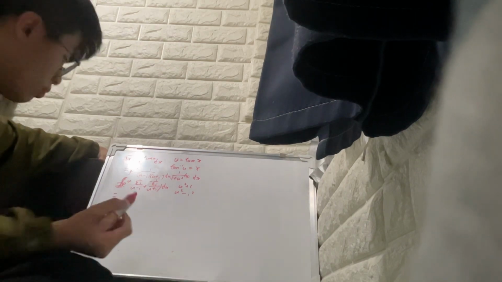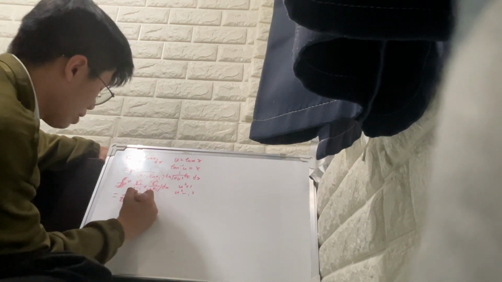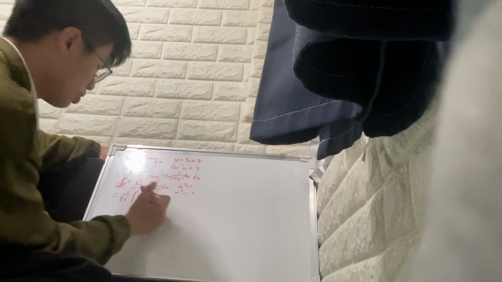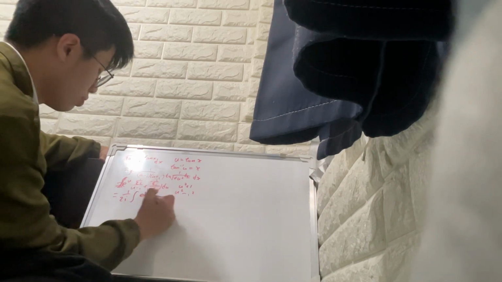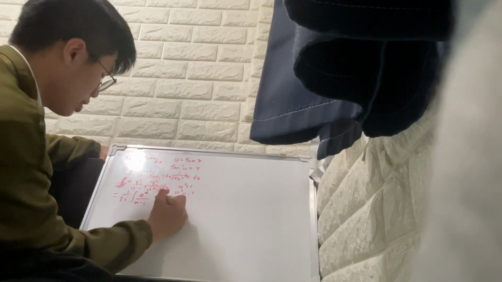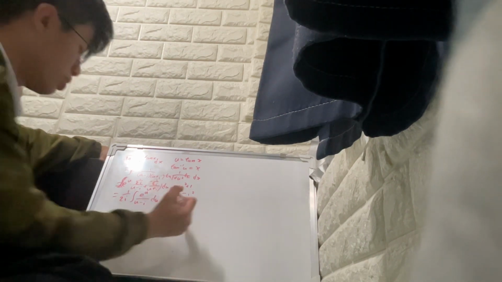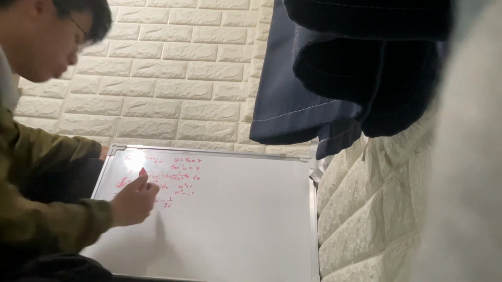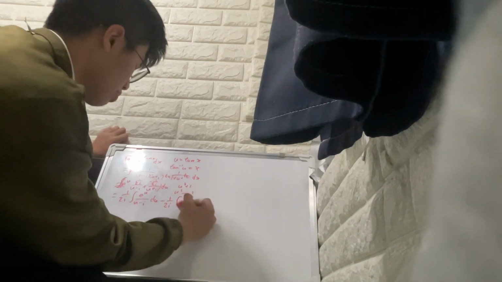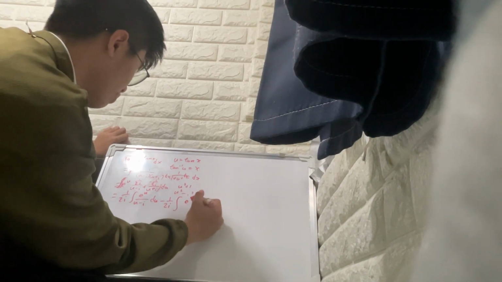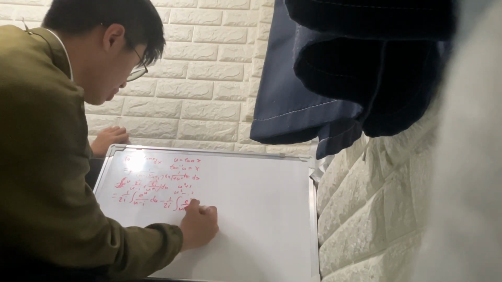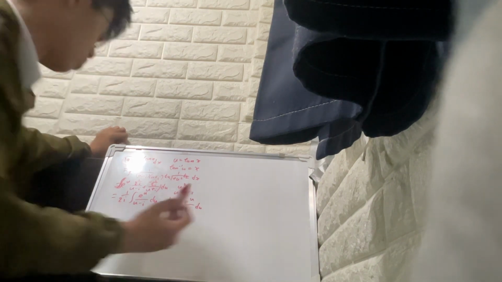We're going to factor out the 1 over 2i, and then put the integral inside, you get e to the power of u over u minus i du, and then subtract negative 1 over 2i times the integral of e to the power of u over u plus i du.